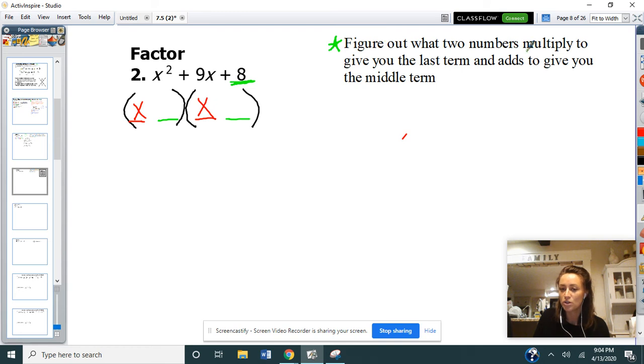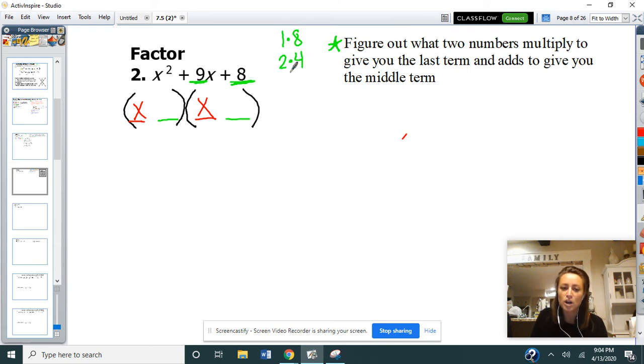You have to figure out what 2 numbers multiply to give you the last term, but add to give you the middle term. So you always start, don't worry about the adding part. Always start with what multiplies to give you the last term. So what multiplies to give me 8? 1 times 8 gives me 8. 2 times 4 gives me 8. And that's it. 4 times 2, same thing.